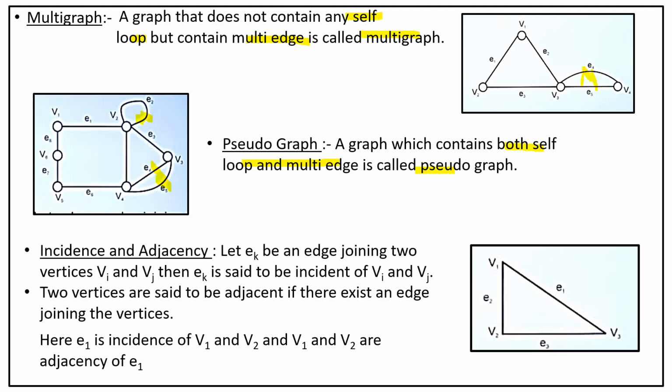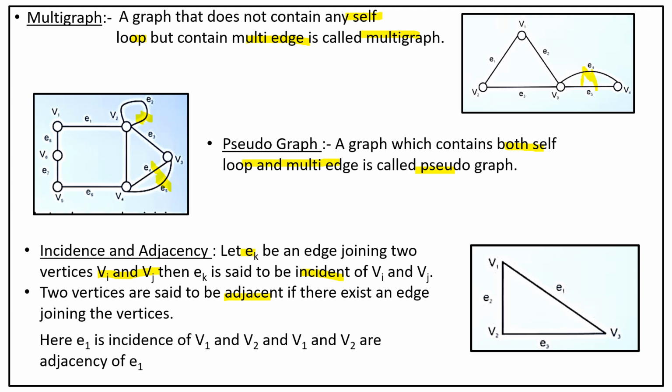Incidence and adjacency. Let Ek be an edge joining two vertices Vi and Vj. Then Ek is said to be incident on Vi and Vj. Two vertices are said to be adjacent if there exists an edge joining the vertices. If we consider this example, we can see that E1 is the edge joining the vertices V1 and V3.